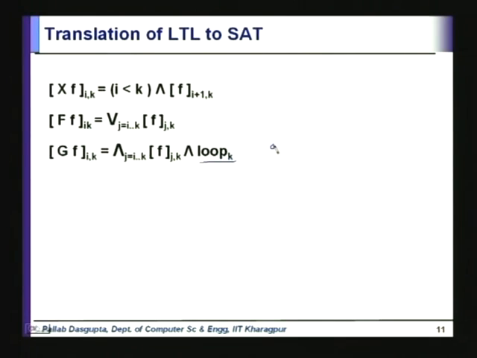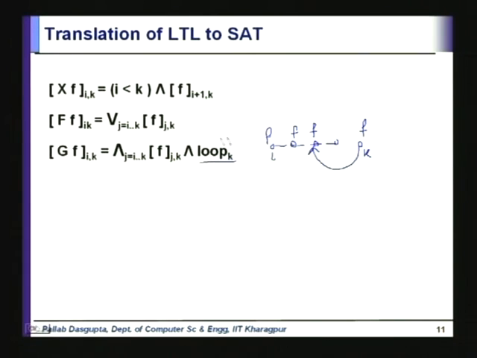So, we are guaranteed that from i through k in all the time steps, F will hold. But that we know is not sufficient, because what we need also is that there should be a loop. Now, it could be looping to some state in between, because remember that the loop clause actually checks whether there is a transition from Sk to S0 or Sk to S1 or Sk to S2 and so on.